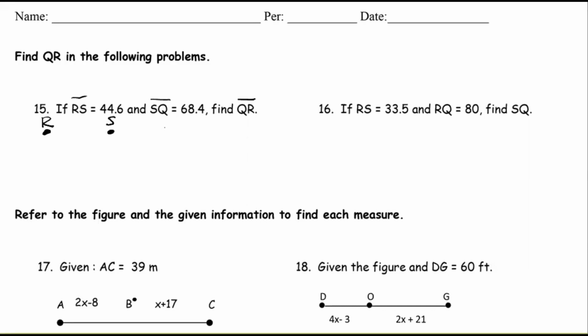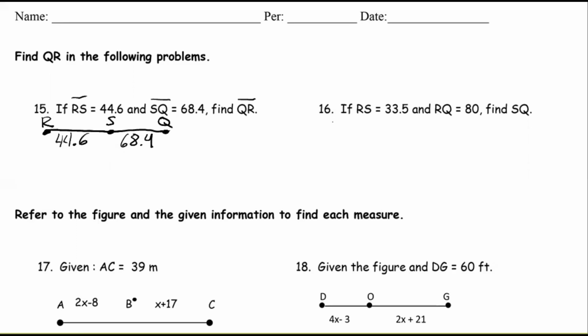And then Q. So I'm going to draw the pictures for you guys. R, S, Q. And we're looking for QR. So we're looking for the whole line segment. So RS is 44.6. And then SQ is 68.4. And now it's just adding. Just add these two and you get your answer.